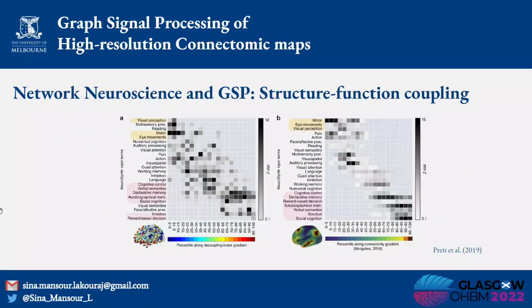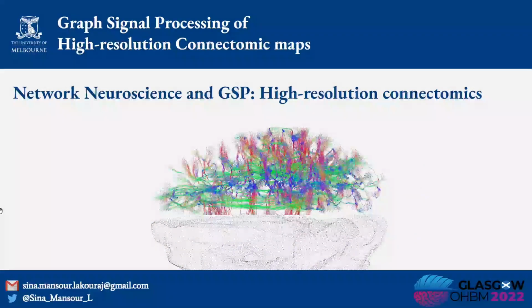Works of Julia and her colleagues have shown that this approach of graph signal processing closely relates to previous work on functional connectivity gradients, and we see that regions of the brain that are more coupled are regions like the visual regions, the unimodal regions of the brain, which are more coupled to structure, and the higher order association cortices are regions where we see a more decoupling nature of activity.